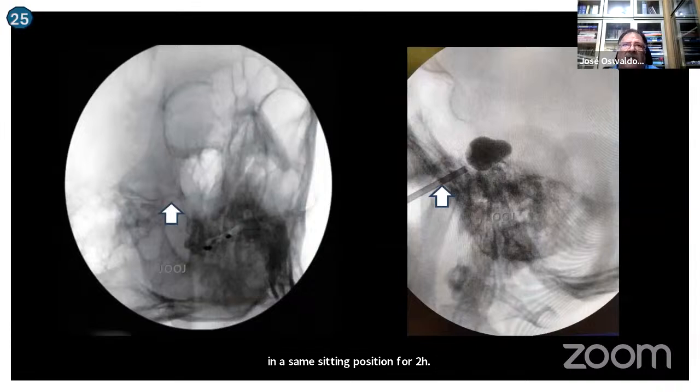Puncture of a foramen with a large cannula allows the passage of an embolectomy catheter into the ganglion. Once in position, we inflate the balloon with contrast for 75 seconds.